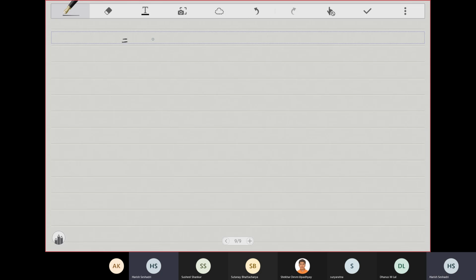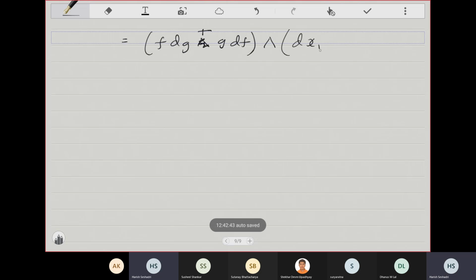But now I'll use the lemma. D of FG we have already seen for zero forms. It was F DG plus G DF, and then wedge dxi wedge dxj.